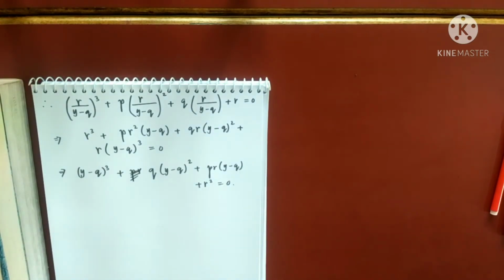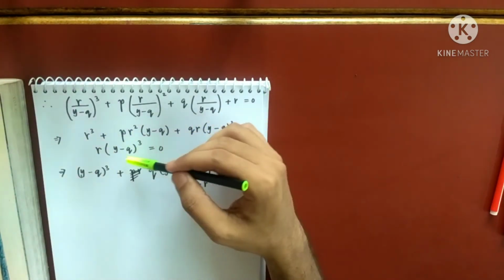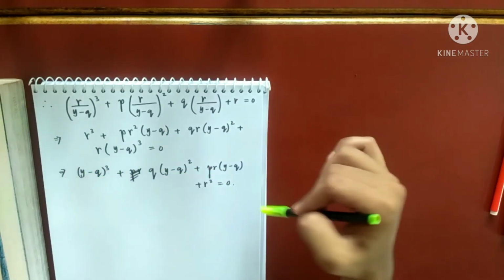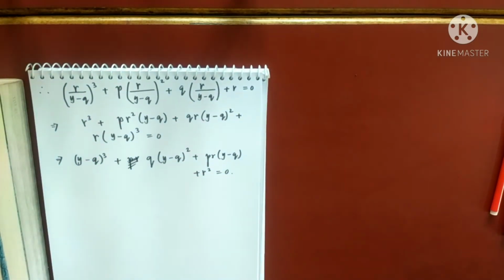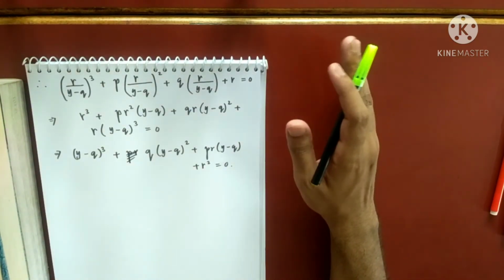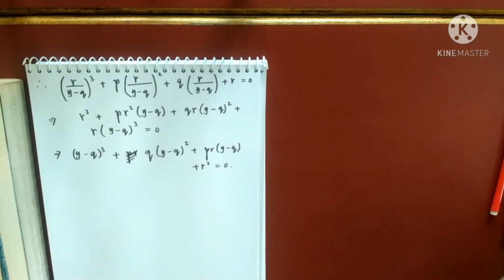I have taken r common because r is present in every term, and then arranged in the descending order of y minus q. So this is the transformed equation. You don't have to simplify this further, you can just leave it up to here. So this is the transformed equation whose roots are alpha beta plus beta gamma plus gamma delta.